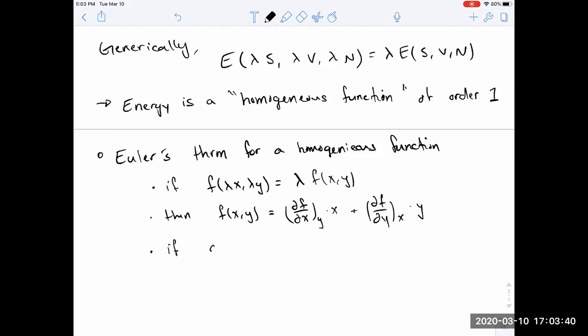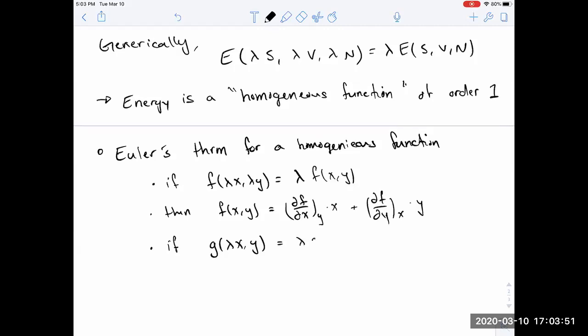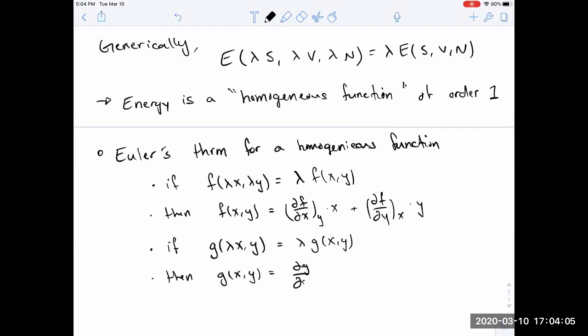Similarly, if g is a homogeneous function of just x, though dependent on y as well, such that if I have lambda times x, I get lambda times g of x and y, that same theorem by Euler tells me that I can write g of x and y as simply how g changes with x, the sole variable it is homogeneous in, at constant y times x. So that affords a simplicity to the functions that are homogeneous in certain variables.